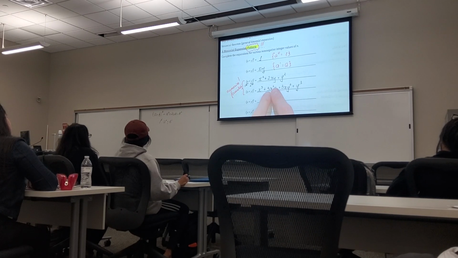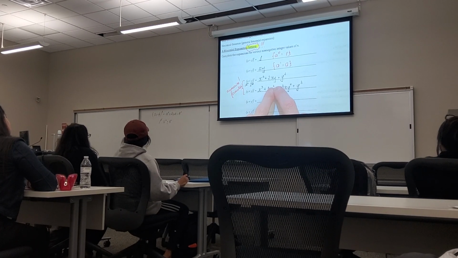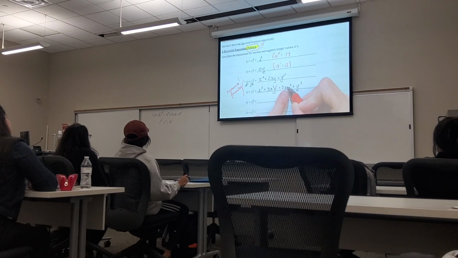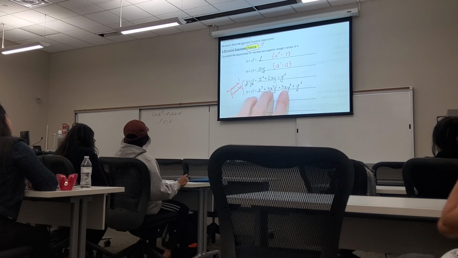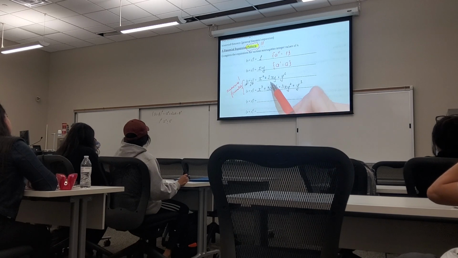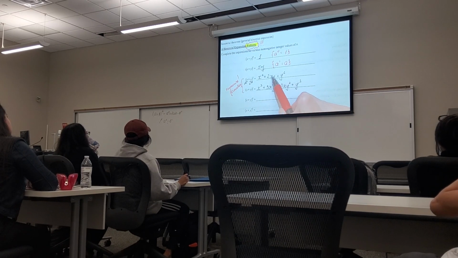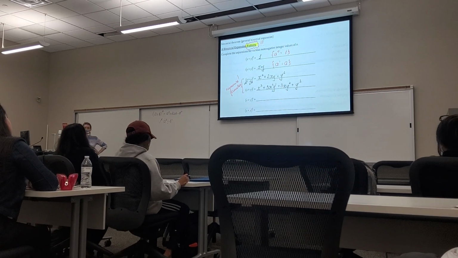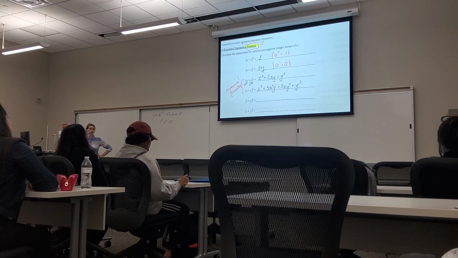Right. But now let's look at the degree. Let's look at the second term. What is 2 plus 1? 3. What is 1 plus 2? 3. Can you see? So what have you noticed? Let's look here. This is 2, this is 2. What is 1 plus 1? 2. So what is another pattern that we are looking for?